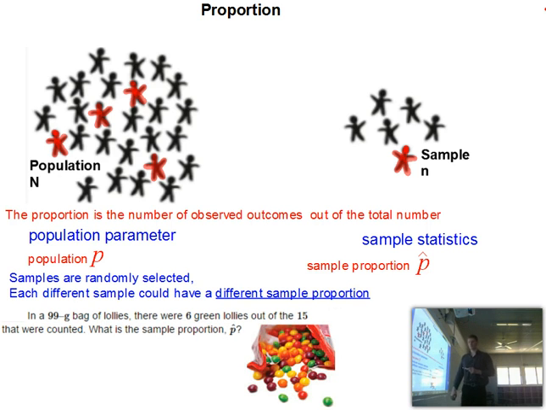So let's consider this example on how we can come up with our sample proportion. Alright, so in a 99 gram bag of lollies there were 6 green lollies out of 15 that were counted. What is the sample proportion P hat? So what we're doing to calculate P hat, we're looking at the number that is observed, out of the total. So it's 6 out of 15, okay?